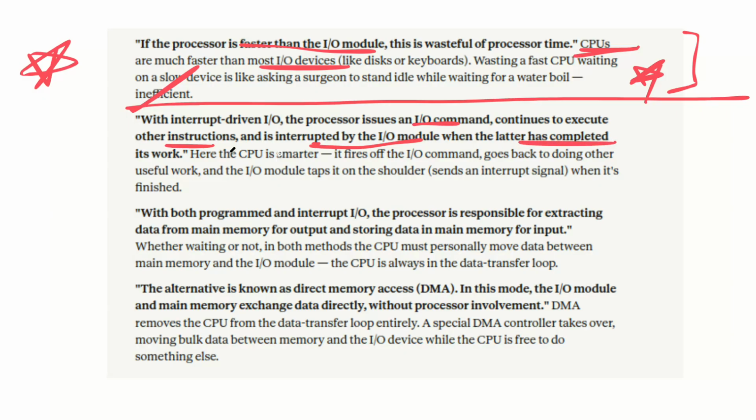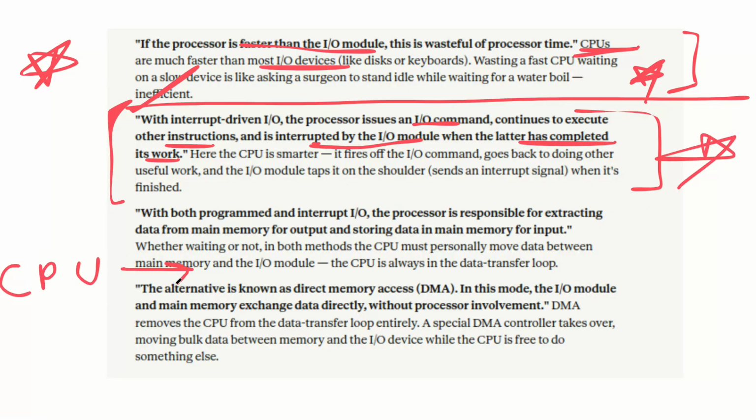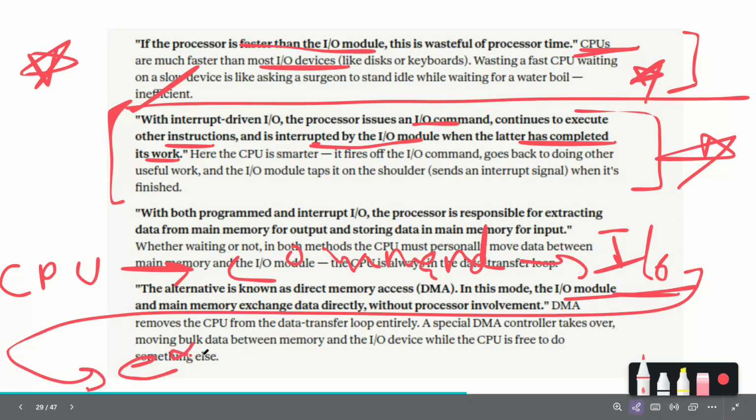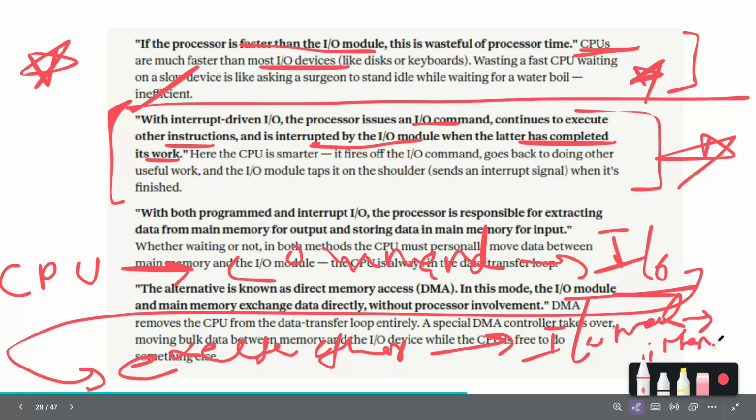So first the CPU gives a command to the IO module. Then it goes and executes other work. Then the IO module, after finishing the operation, gives an interrupt to the CPU.